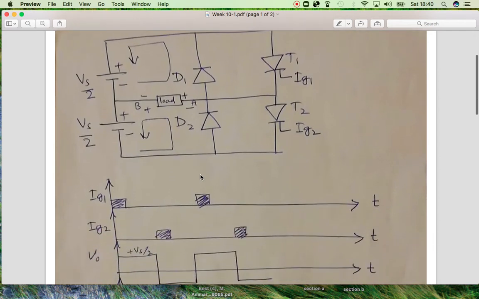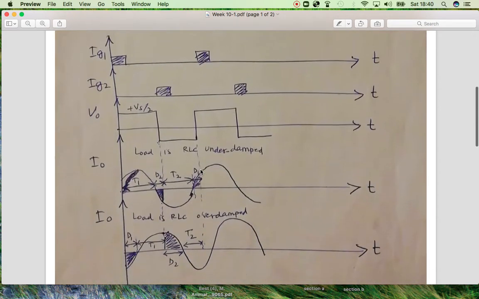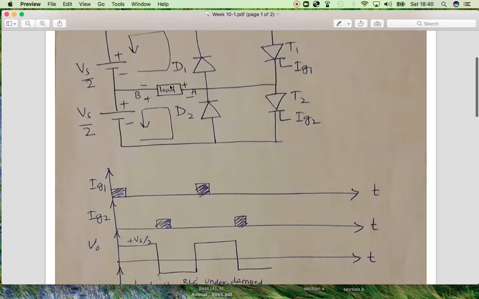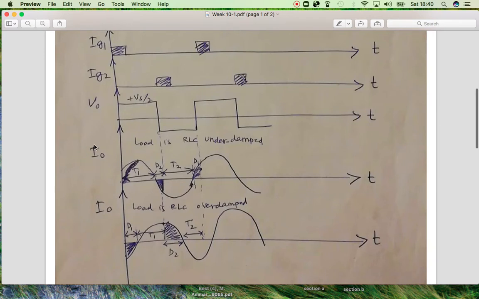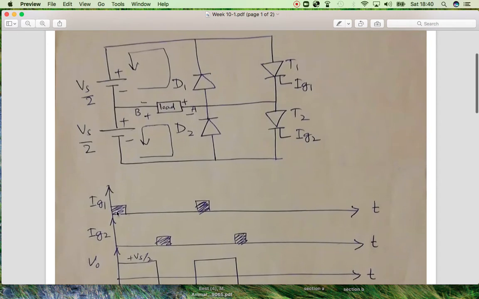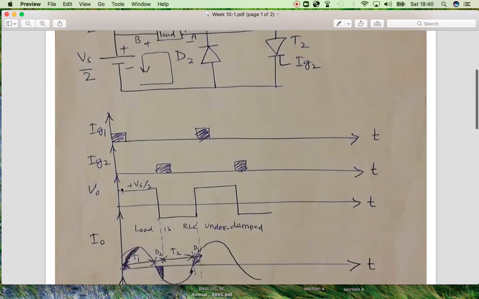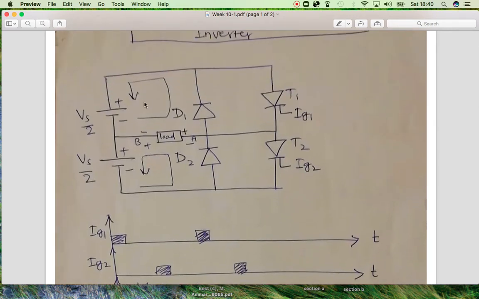So we can see from these waveforms, if the gate currents of thyristor 1 and 2 are mentioned over here, then this is the output voltage at the load, and we have output currents for these two scenarios. I will discuss these two scenarios. So when we trigger this thyristor T1 by providing this gate current, then the voltage at the load side will be positive Vs by 2, as the current is flowing from here to here.